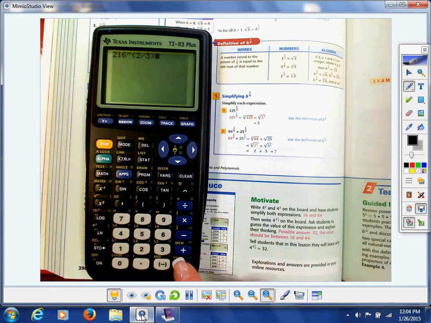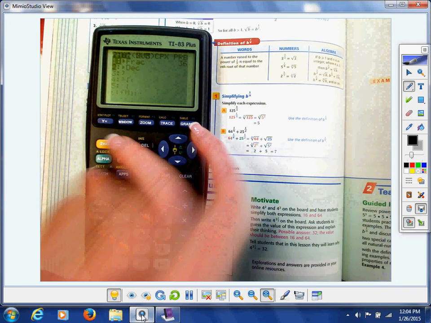And then press enter. And you'll see, my answer is exactly 36, and you would be exactly right. Okay, now let's try it the other way. Let's first do the cube root of 216, and then we'll square that answer. And I want to show you, we'll still get 36, okay?